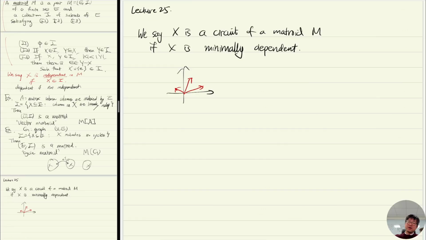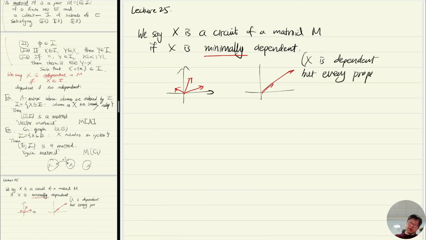But also two vectors pointing in the same direction form a circuit, because if I only have one of them, it's linearly independent, but if I have both of them, they're dependent. Remember, what is minimally dependent? This means that X is dependent, but every proper subset of X is independent. That's what it means to be minimally dependent.